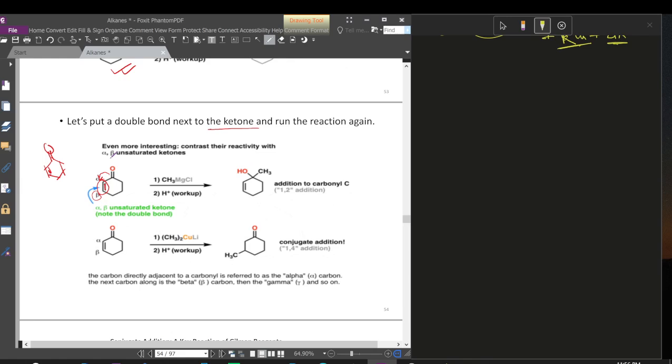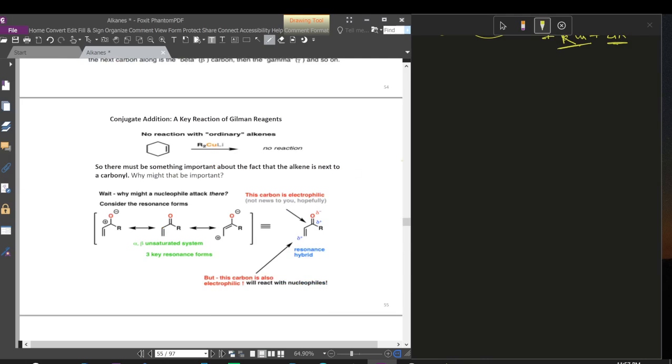So the conclusion is that organocuprates react with carbonyl when there is conjugation, that means there is a double bond in this main chain. So this will participate in conjugate addition, but Grignard reagents participate in simple addition, while organocuprate reagents participate in the conjugate reaction. So there is a reason behind it.